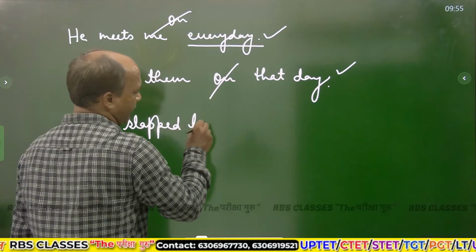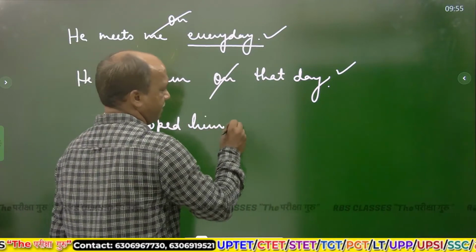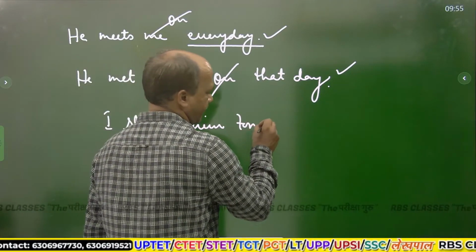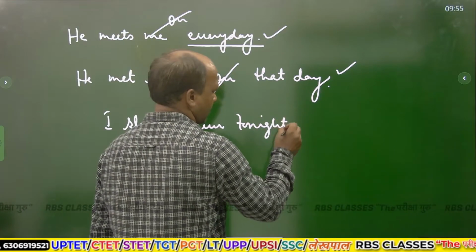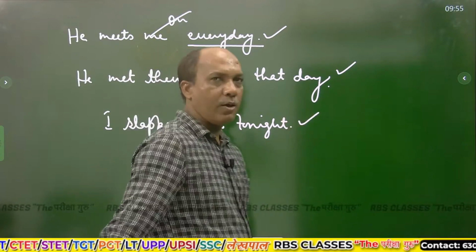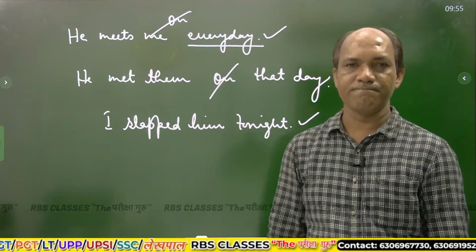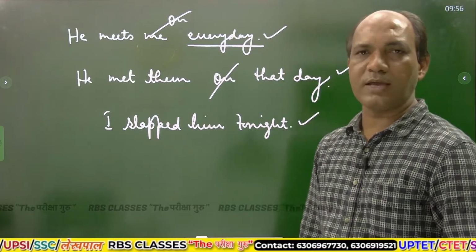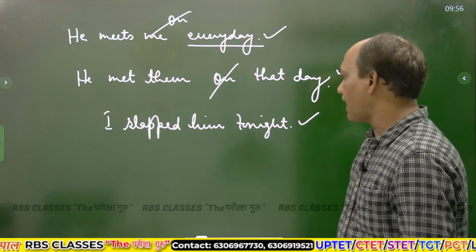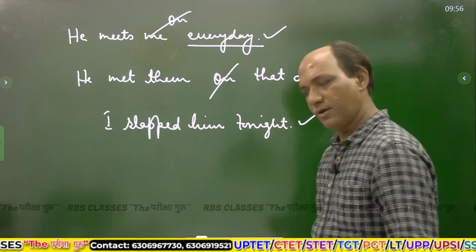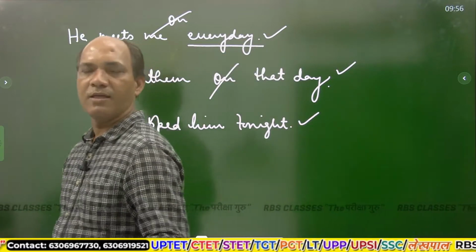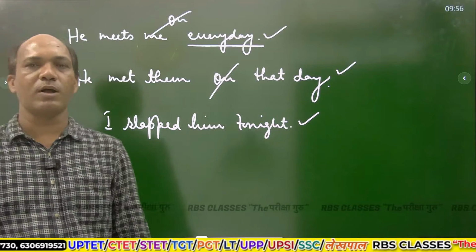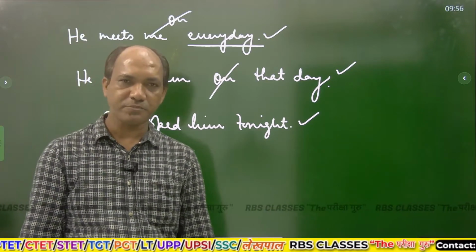I slapped him tonight. Here on will not be used. On का यूज यहाँ कतई नहीं होगा. I slapped him tonight. मतलब मैंने उसे आज की रात थप्पड़ मारा. तो यहाँ on का यूज नहीं होगा, कतई नहीं यूज होगा.